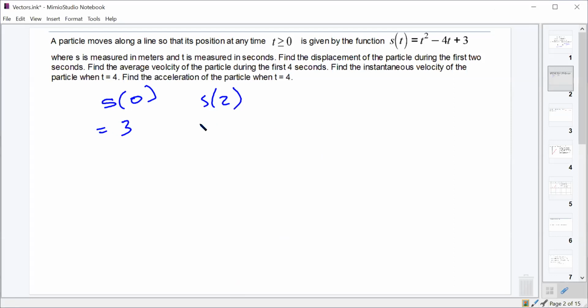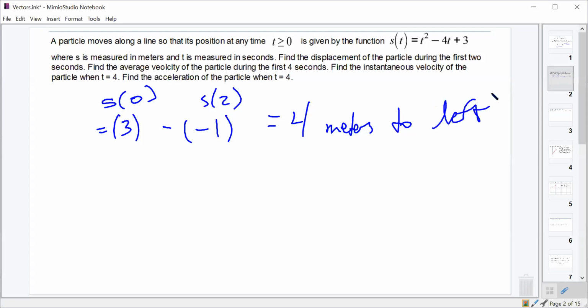Should be -1, right? And so the displacement should be our starting point minus our ending point, which is 4. We moved 4 units. What were they? Meters, probably 4 meters. And which direction did we go? We went from 3 to -1. We moved 4 meters to the left. We don't necessarily have to specify that it's to the left, but since we know that it is, we might as well. Everybody good with that?